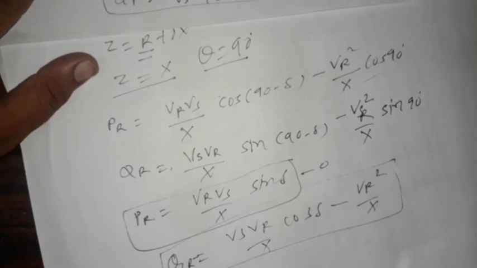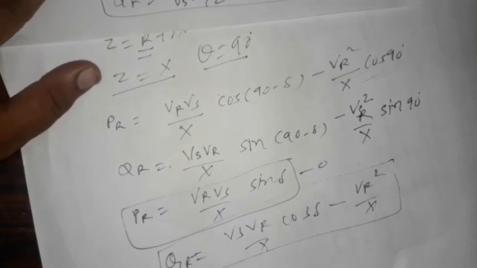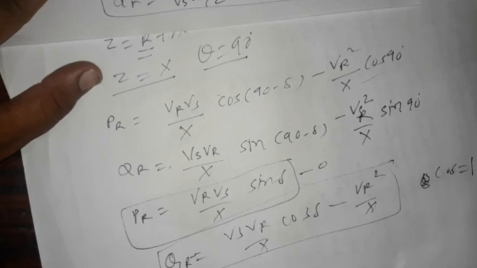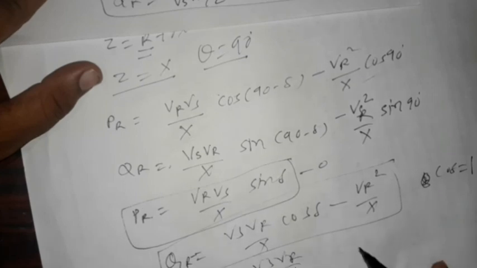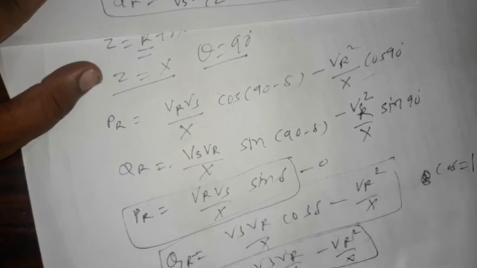Now if we take the value of cos delta, we assume it is equal to 1. So our QR is equal to Vs into Vr by X minus Vr square by X. This is our reactive power equation when our power angle delta is small.